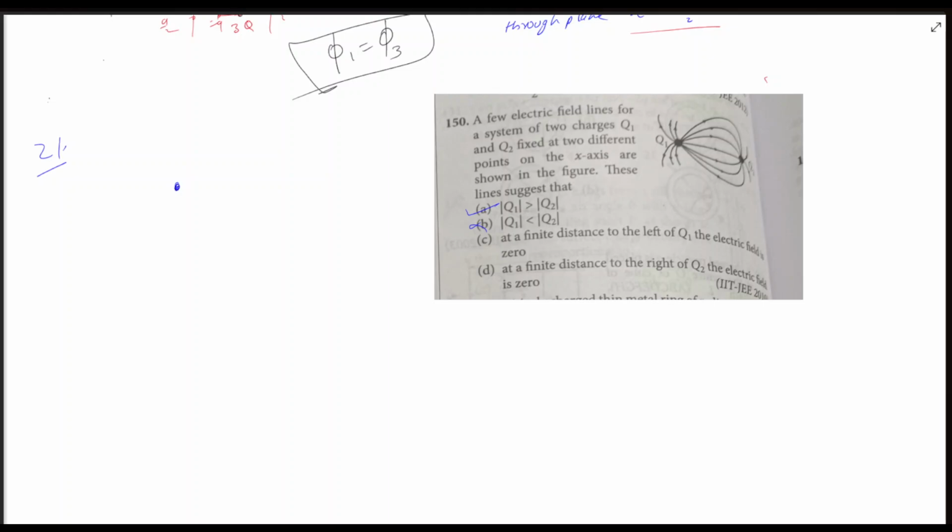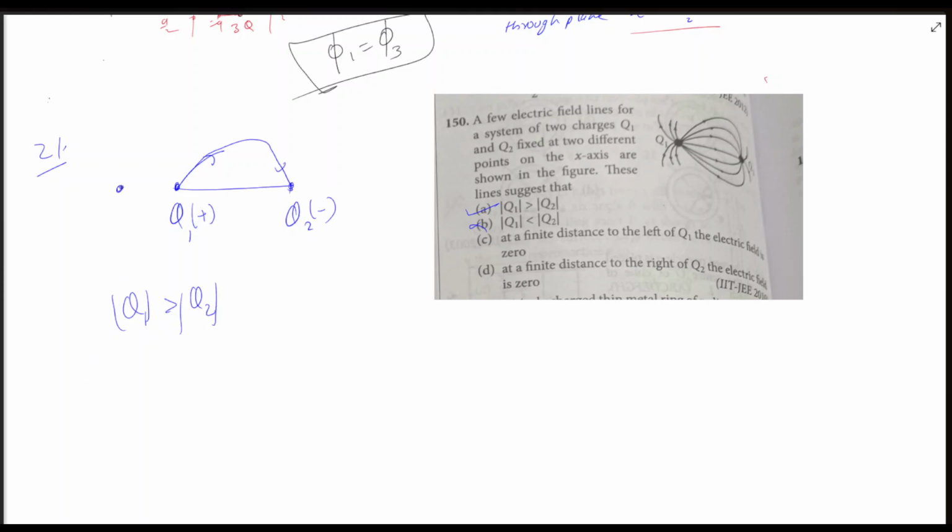Now look, this is Q1, this is Q2, and they are opposite charges, right? Yes, they are opposite charges. How do I know? Electric field from Q1 is going out and it is ending up in Q2. So from Q1 it is going out, it must be positive, and these field lines ending at Q2, it must be negative, right? And we know the magnitude of Q1 is more than the magnitude of Q2.